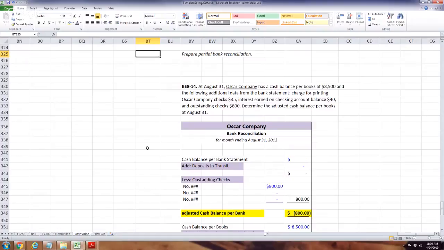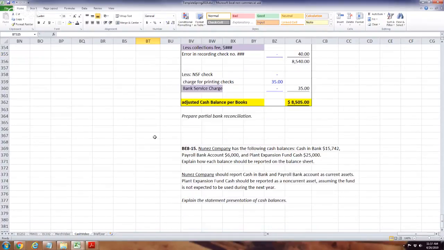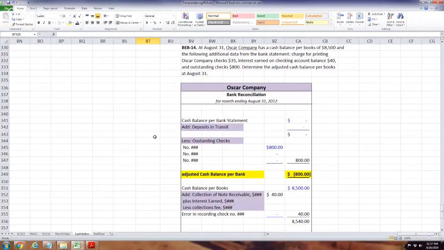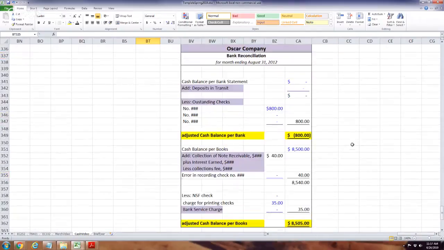Oscar Company has a cash. This is another one of these, but a little bit longer, and there are 2 more after it. These guys have cash per books. This is just the books part. We put the outstanding check in there, but there's no room for it, so that doesn't apply right now.